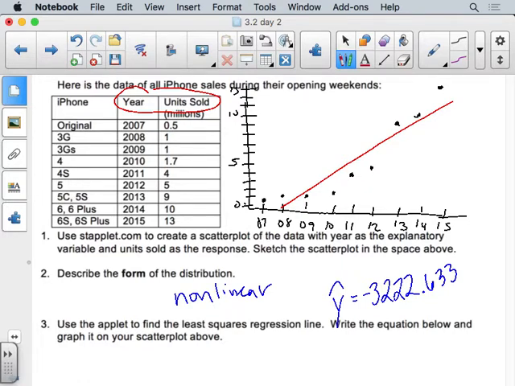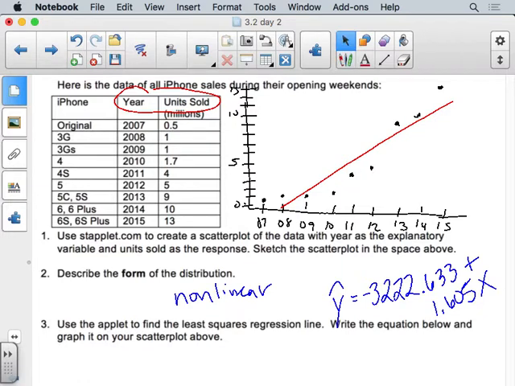You could just write what the y variable is. And then it is plus 1.605x. So that's our line of best fit, our least squares regression line, and this is what we're going to use to predict.